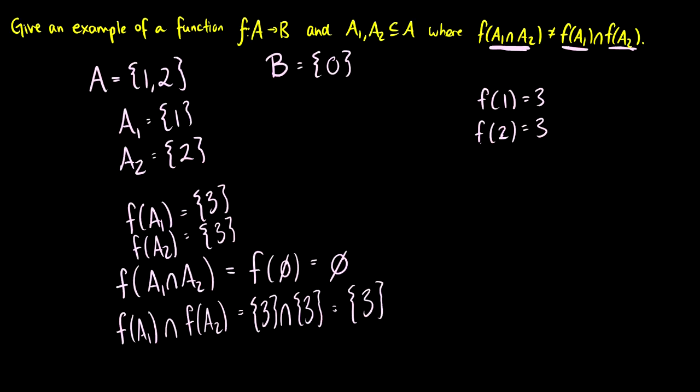So we've defined a function, a domain, a codomain, and two subsets such that f of the intersection of A1 and A2 is not equal to f of A1 intersection f of A2.